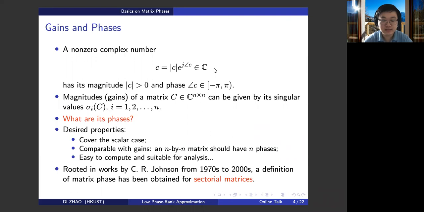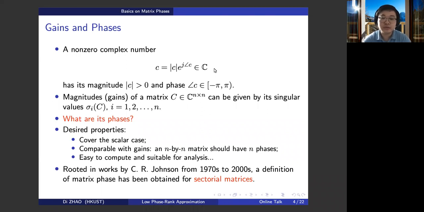And the most important thing is that the phase should be easy to compute and suitable for analysis. Here, the analysis depends on the application. We will see that in systems and control, when we formulate feedback stability, this phase is good.